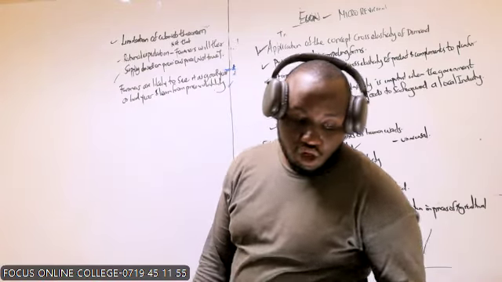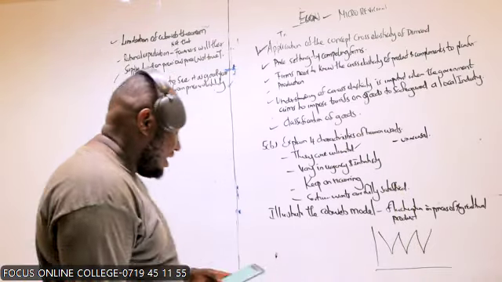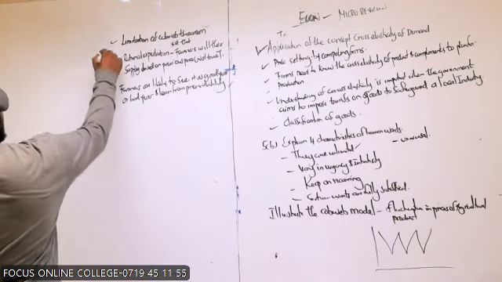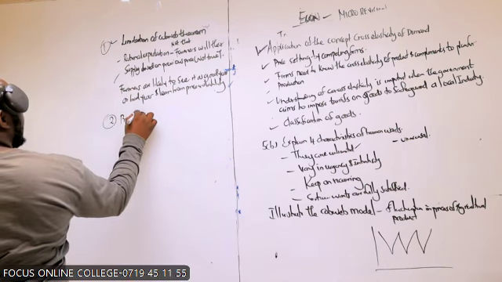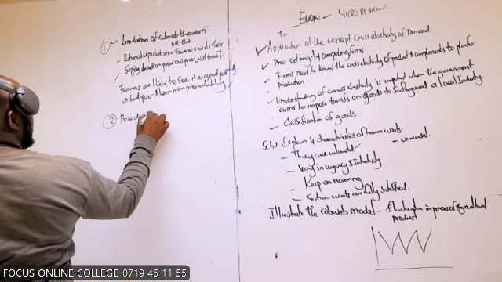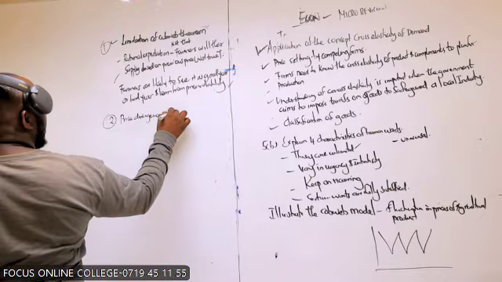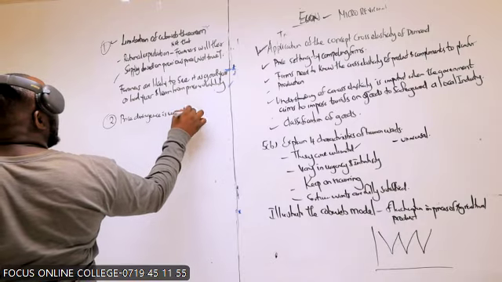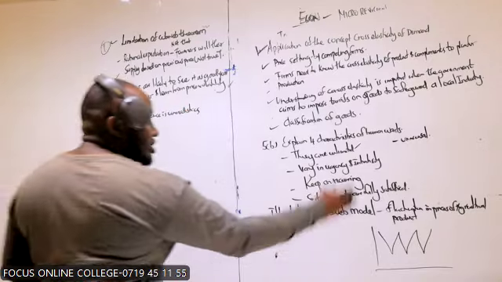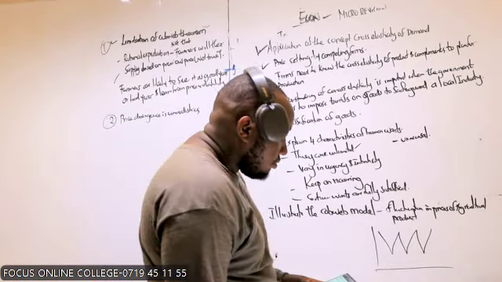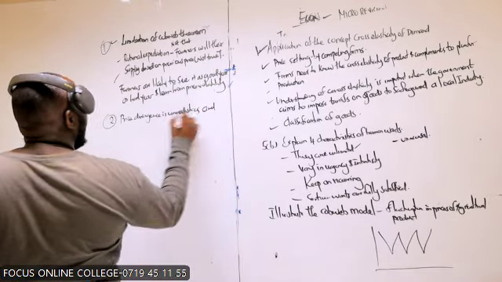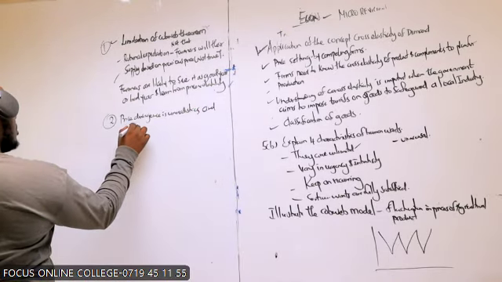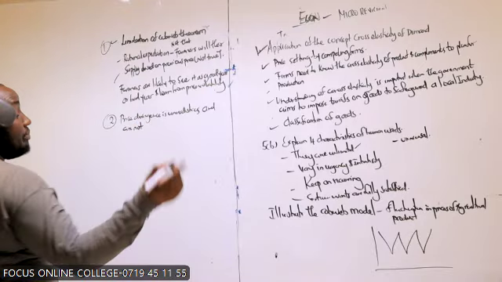Then you have what you call price divergence. Price divergence is unrealistic. This divergence of price is unrealistic and not empirically proven. Empirically means practically.